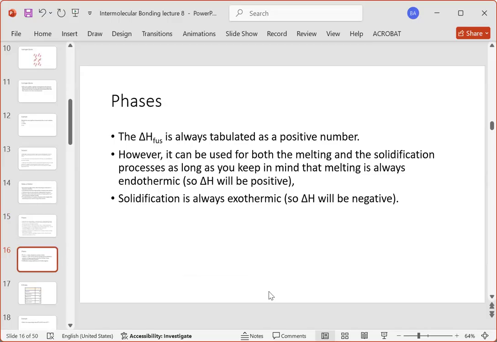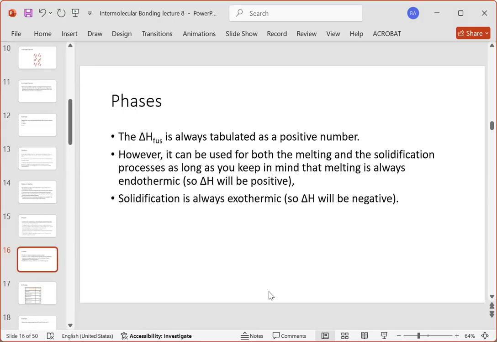So it has gotten heat inside, so it's positive. Delta H fusion is always tabulated as positive. However, it can be used for both melting and solidification. When it is used to solidify, heat is leaving the water.